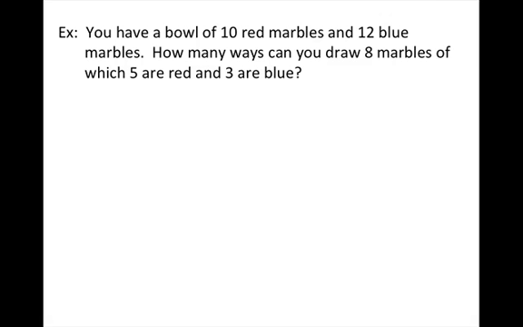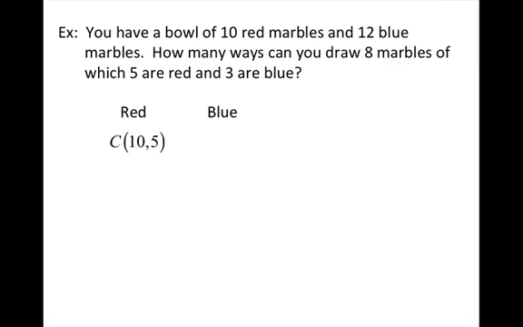Next, you have a bowl of 10 red marbles and 12 blue marbles. How many ways can you draw 8 marbles, of which 5 are red and 3 are blue? So again, in this example, I'm going to keep the colors separated. So I'm going to consider the red marbles and the blue marbles. Of the 10 red marbles, I'm selecting 5.